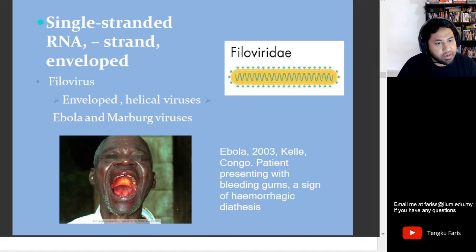So in this case, like the Ebola virus, this is an example of single-stranded RNA, but they have the negative strand. It means that this viral negative strand needs to be converted into positive strand by RNA polymerase.